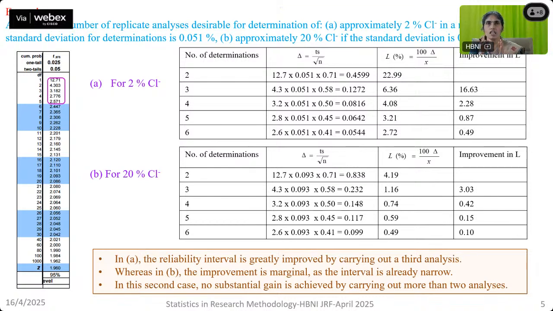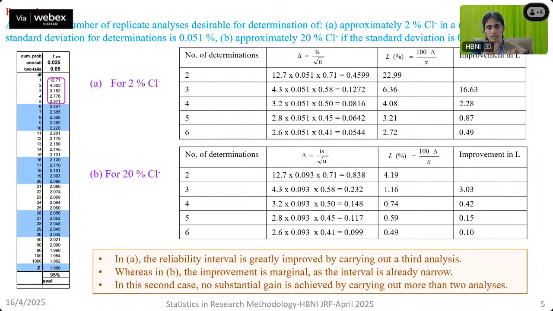As the concentration level of the analyte is higher, you can save time by doing 2-3 repeated measurements itself. But in recent days, the concentration levels are so low that we go to ppm or ppb level.